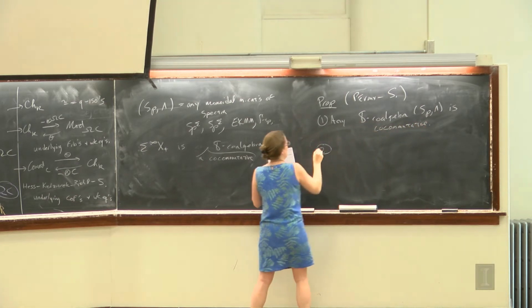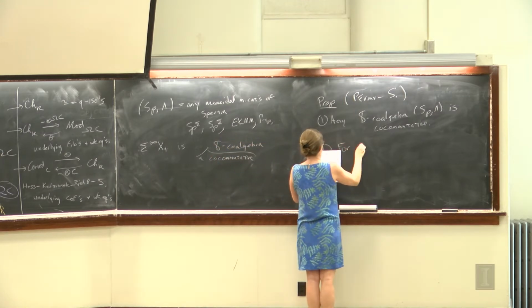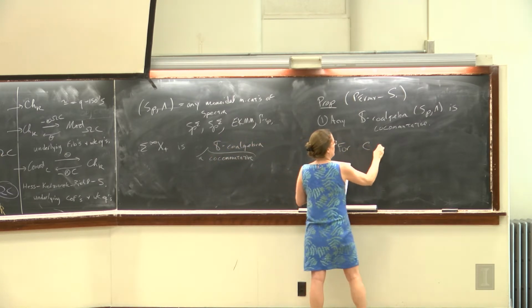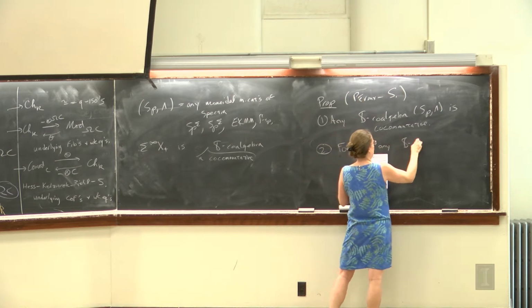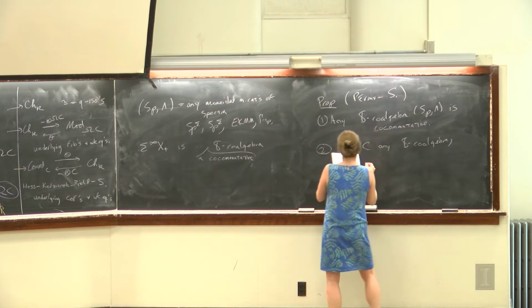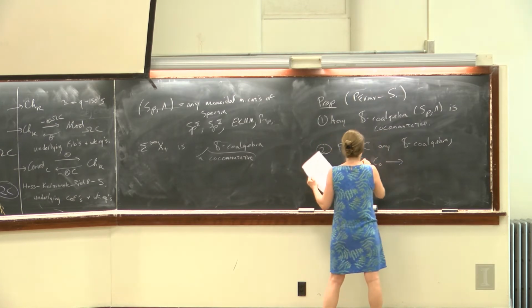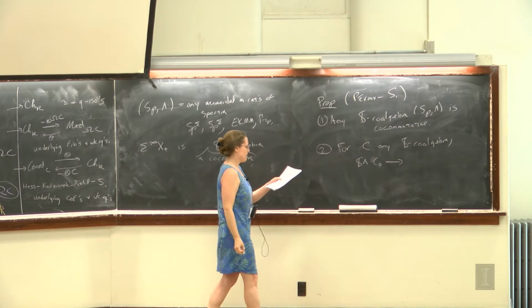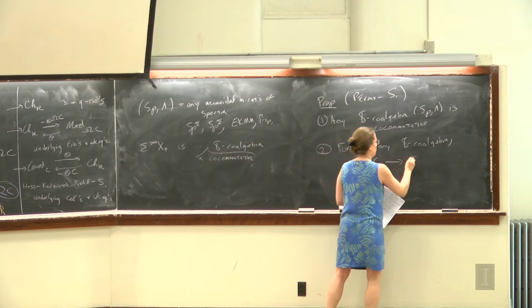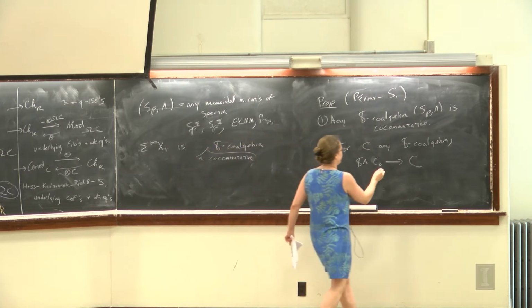And maybe as a little further view into this, for any S-coalgebra C, one has a set theoretic surjection from the sphere spectrum smash the zeroth space to C. So sorry, that is surjective.